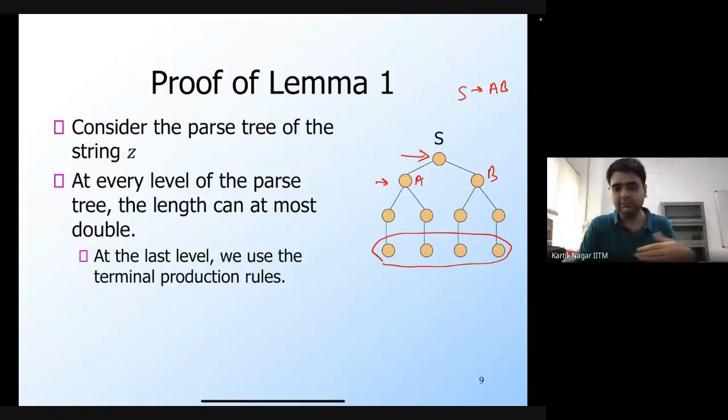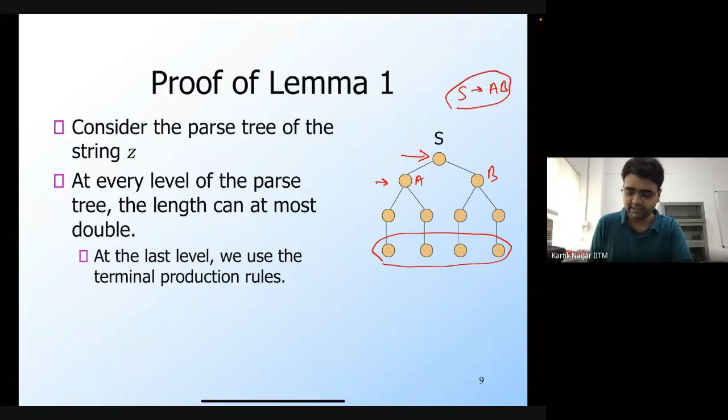So in the intermediate levels, we will just use production rules of this form. And at the very end, we will have a string of non-terminals, and then we will use the terminal production rules so that the number of nodes remains the same.